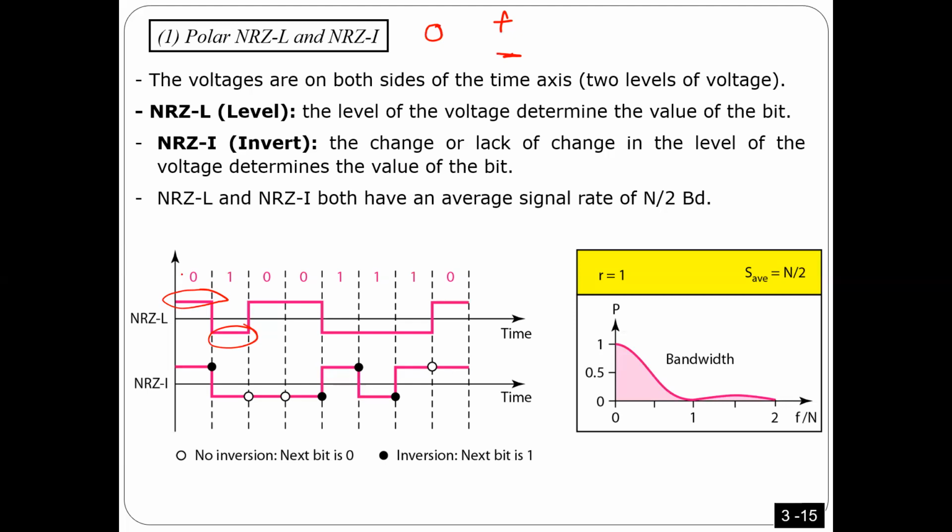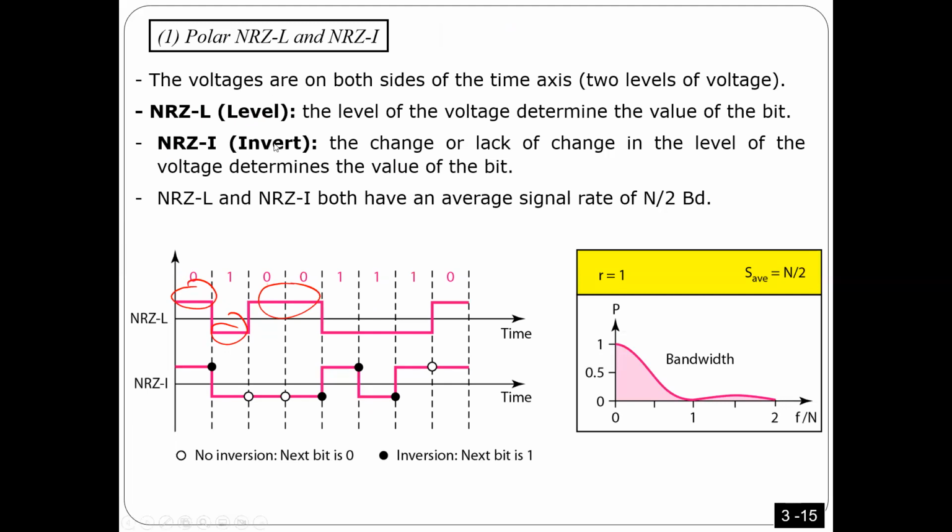So 0 is positive volt, 1 is negative volt, and so on. This is one version. We call it non-return to zero level. We call it level because the binary information is determined by the level.